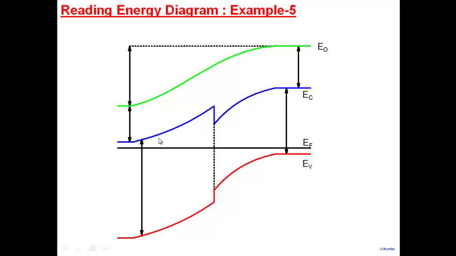Note that, conduction band here. So if I look at the conduction band, the difference between conduction band and E0 gives me what? Electron affinity. So electron affinity of this side, if I look at the material a little bit left to it, there's a certain electron affinity. If I look at the material to the right of it, I have a larger electron affinity, right? What does it imply? Two different materials.